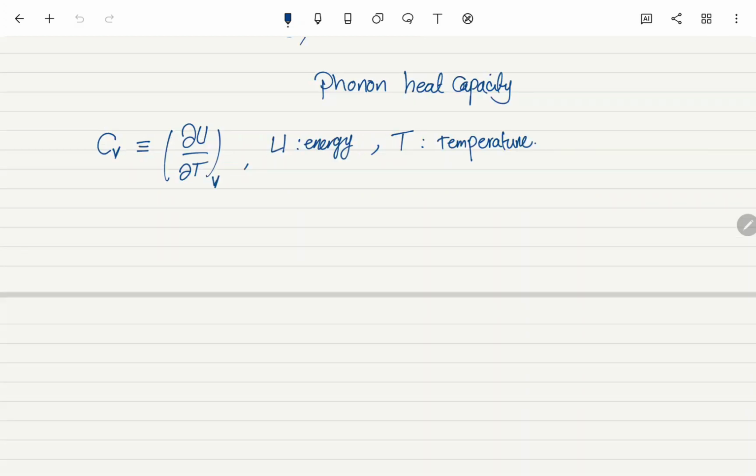One more thing to consider here is that the contribution of the phonons to the heat capacity of the crystal is called the lattice heat capacity, or C lattice.